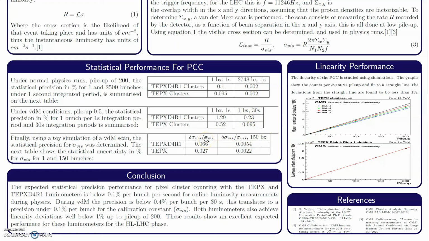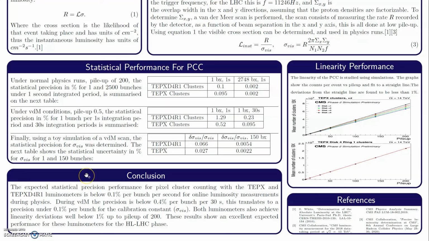Finally, in conclusion, the statistical performance for pixel cluster counting for TEPX and TEPX D4R1 is well below 0.1% per bunch per second for online luminosity measurements. This is for physics runs.